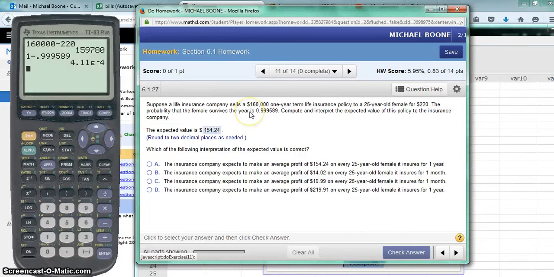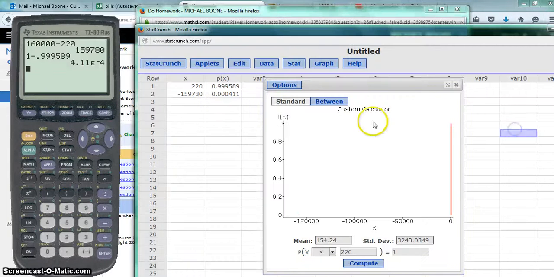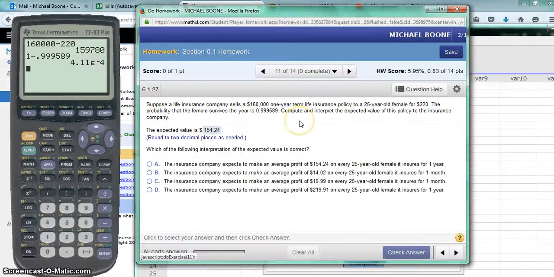So again, it's always important to see who it's in respect to. This is to the insurance company. And again, they're either going to gain $220 or they're going to lose 159,780, so you're going to have a minus sign, and then find the probabilities. So this should get you a good start on section 1 of chapter 6.